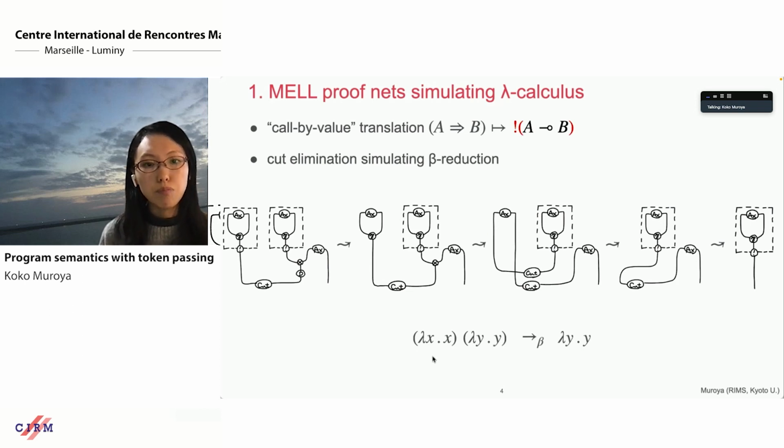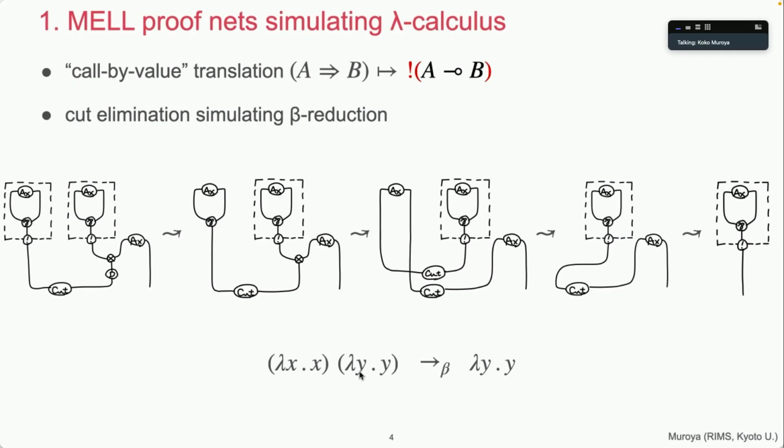So in this example, we can perform beta reduction one step and then get this result lambda term. On the proofnet side, we start with this proofnet and then apply cut elimination 4 times, and then we get this proofnet that is actually the call by value translation of the result lambda term.